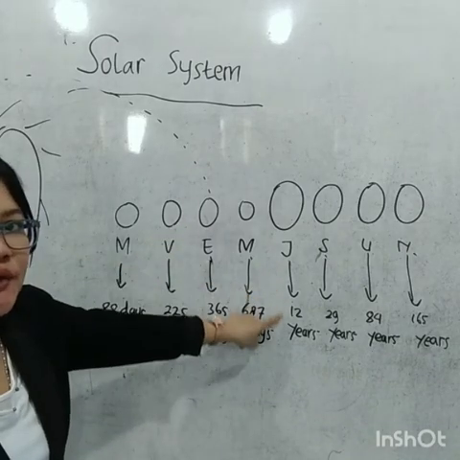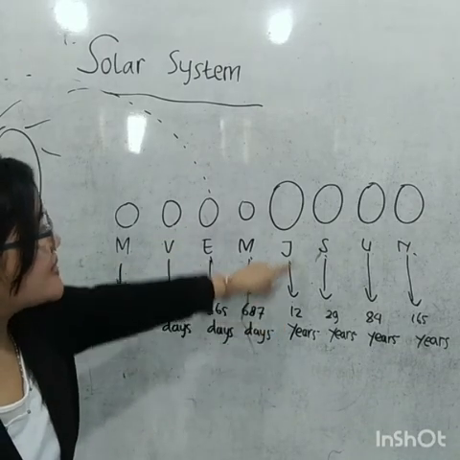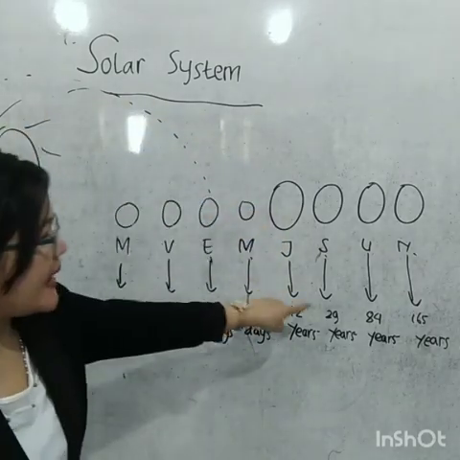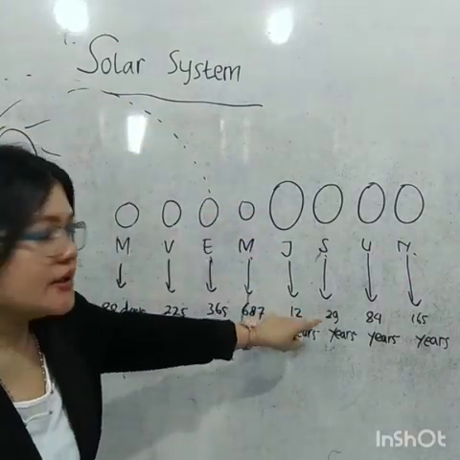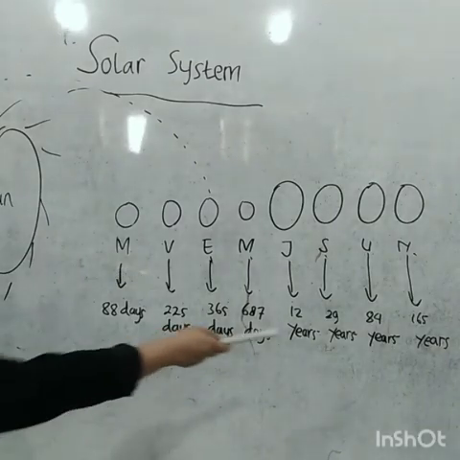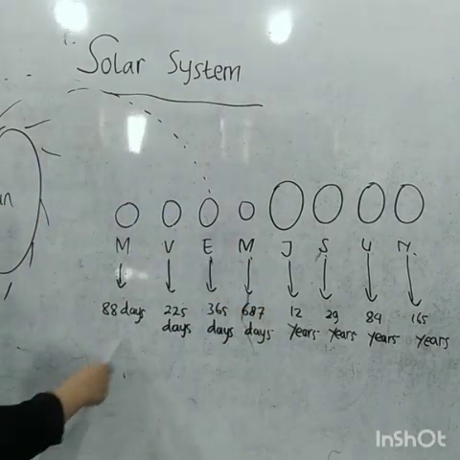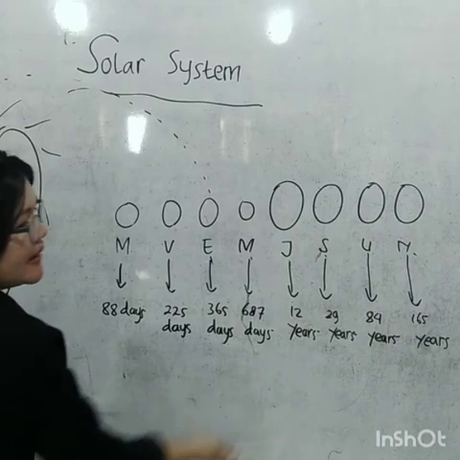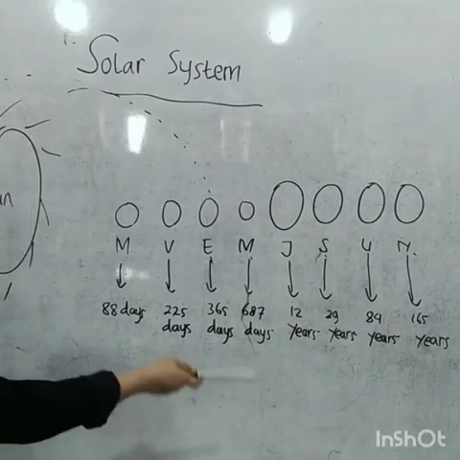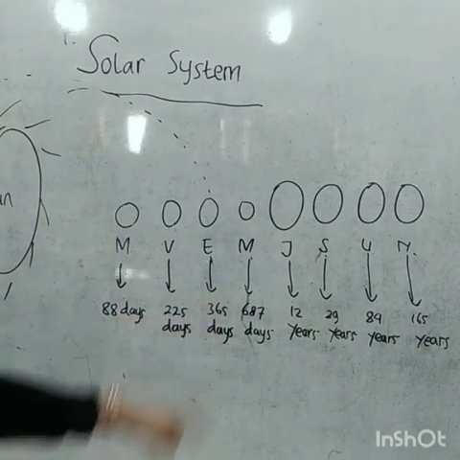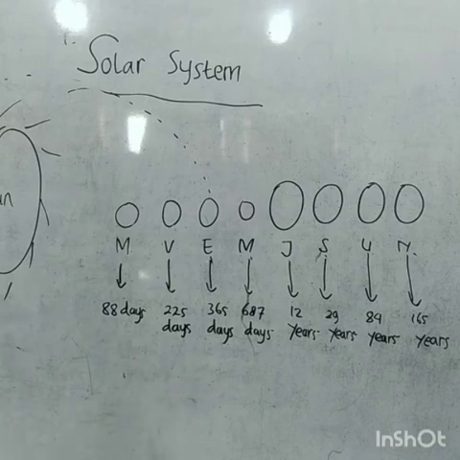Next, Jupiter 12 years to revolve around the sun. Next, Saturn 29 years. Next, Uranus 84 years. And the last one is Neptune, 165 years.